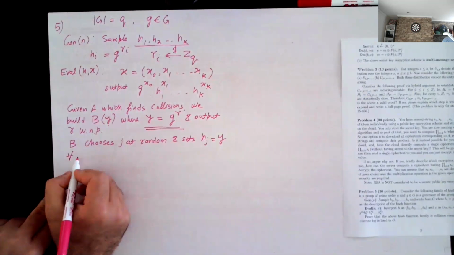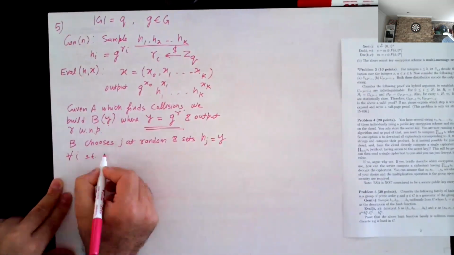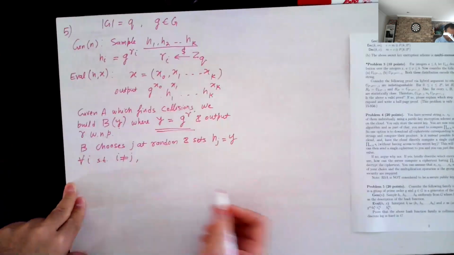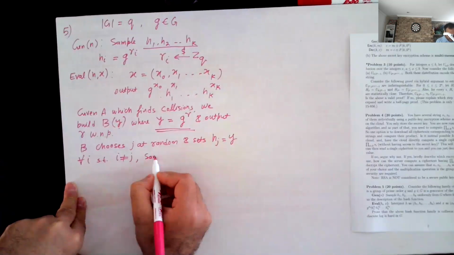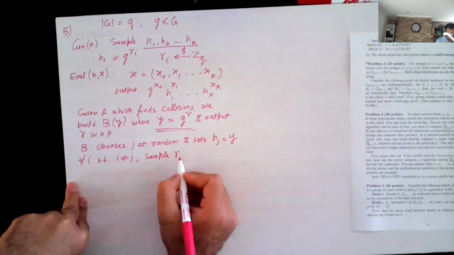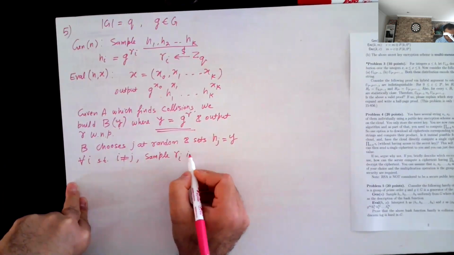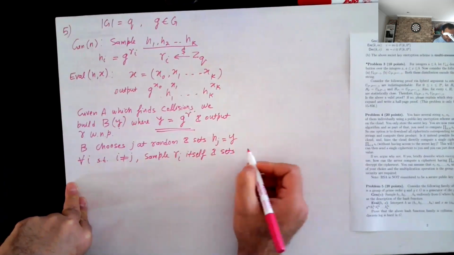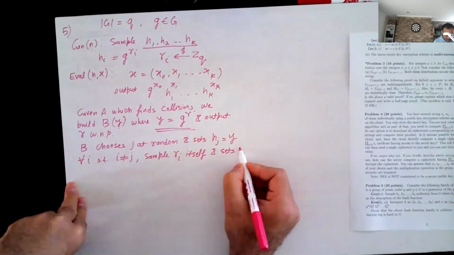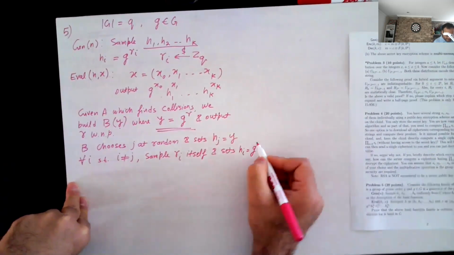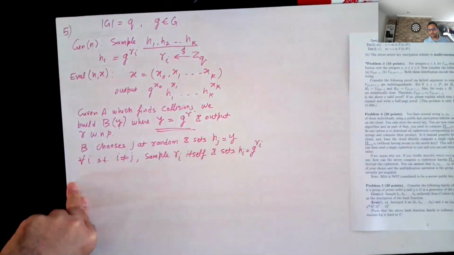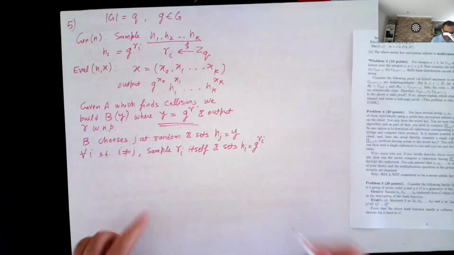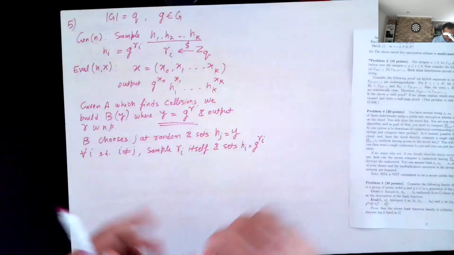And for all other i such that i is not equal to j, B will sample ri itself, so it knows ri, and sets hi equals g to the power ri. Okay, so B knows all the exponents except this one.